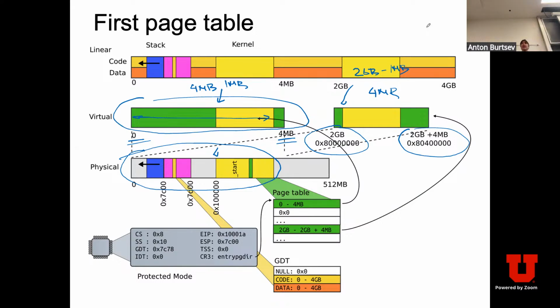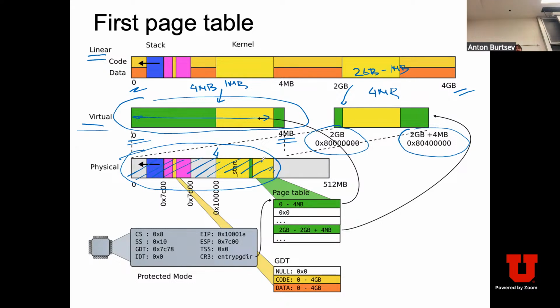We control the page table at this point. Whatever we put in a page table will control the layout of the virtual address space. We don't do anything with the linear address space. We can do the same trick with the linear address space, but we don't want it. So the linear address space just stays from 0 to 4 gigabytes, but the page tables will be configured to map this region of physical memory twice.